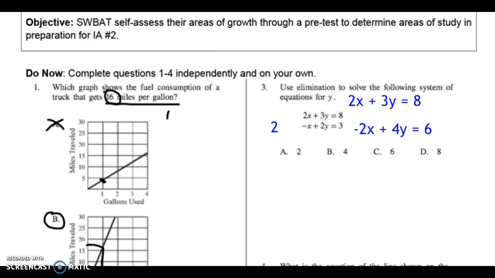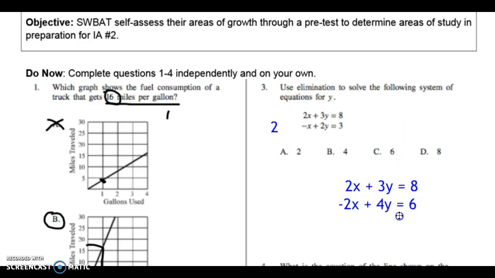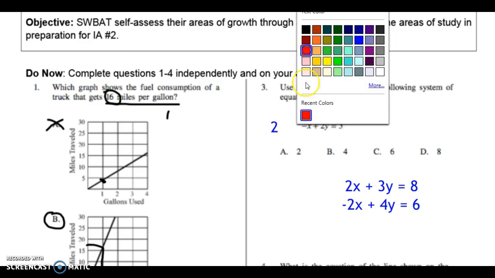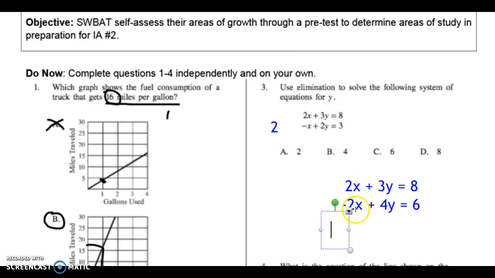Now I have these two equations, and I see that they're additive inverses. So I'm going to bring them down here and add the two equations together. 2x plus negative 2x is 0, 3y plus 4y gives you 7y, and 8 and 6 give you 14.